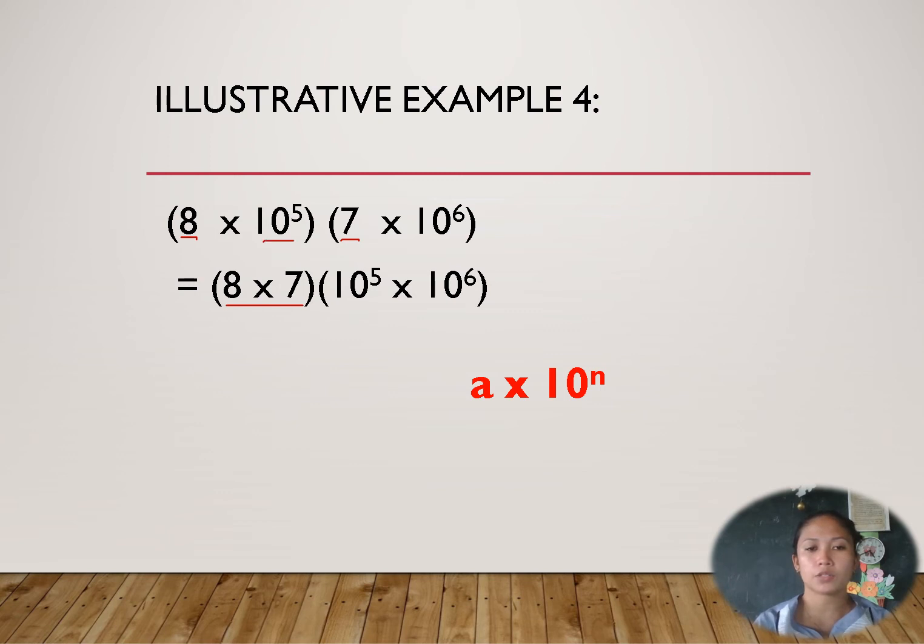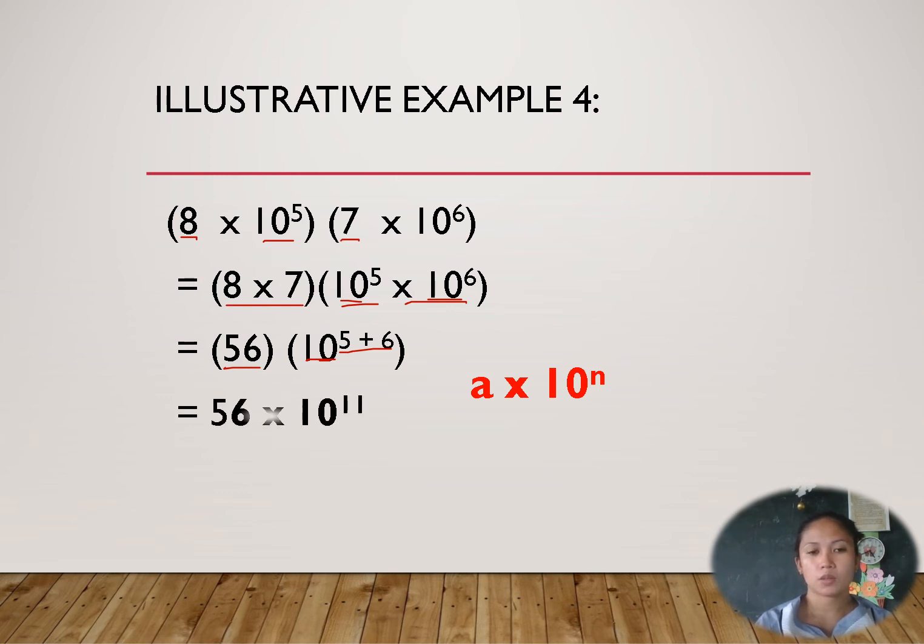And then the second factor is 10 to the power of 5 multiplied by 10 to the power of 6. Simplifying further, 8 times 7 is equal to 56. And for this part, we'll just copy the base, 10, and then add 5 plus 6, based on the product of a power wherein we just add the exponents. So we have here the result, 56 times 10 to the power of 11.